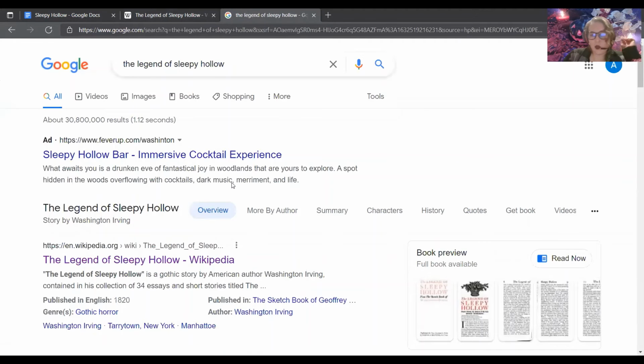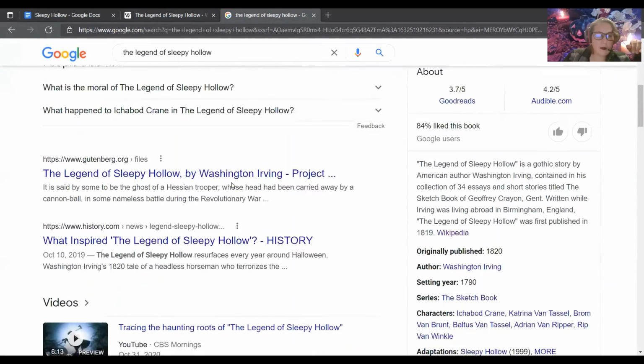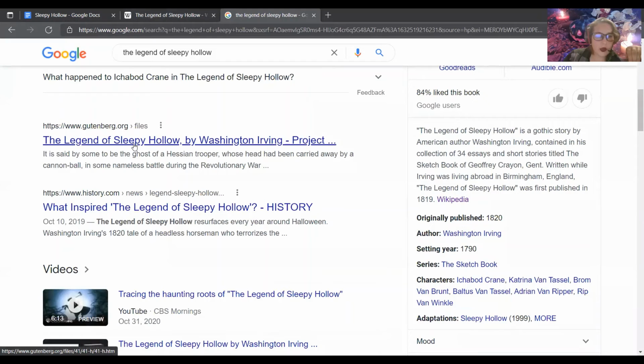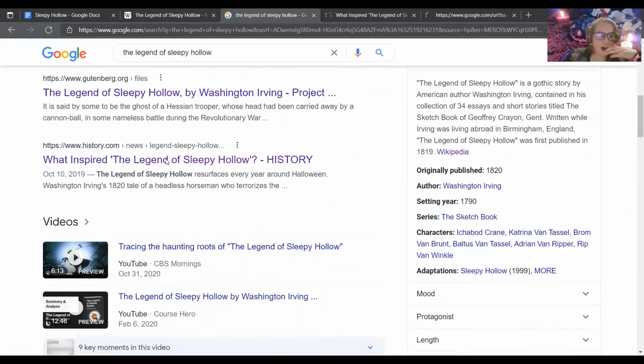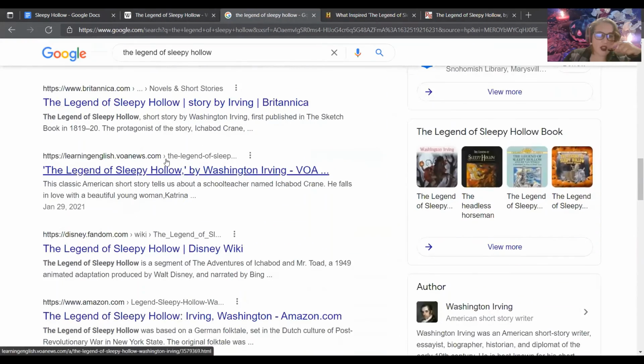It's not like I'm writing an annotated bibliography for a research paper, so I'm okay with using Wikipedia. Ooh, Gutenberg.org looks good. I always like to go really deep too, to see as much as I can figure out outside of the original story, so that you can find motivation.